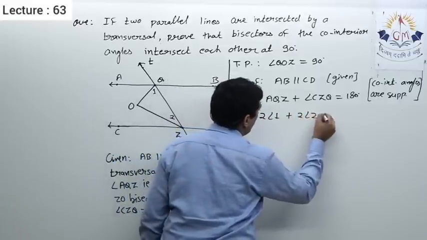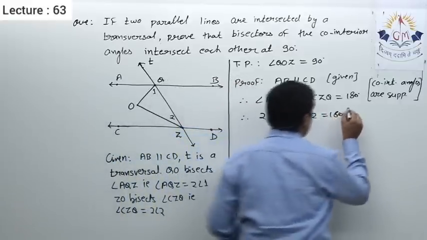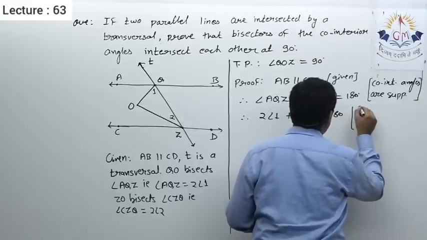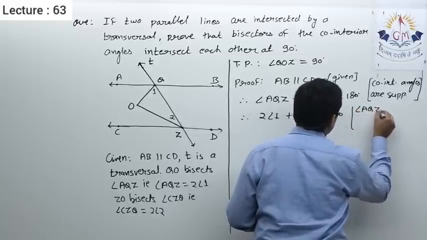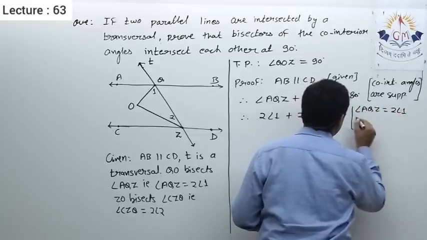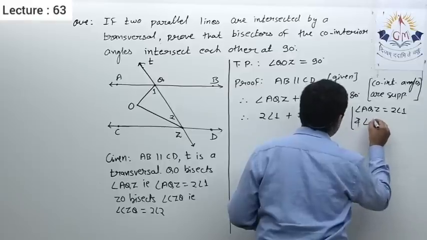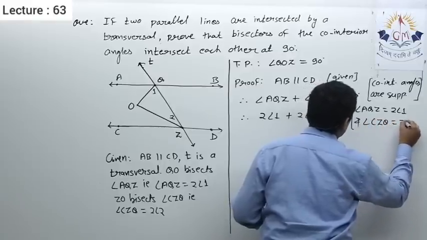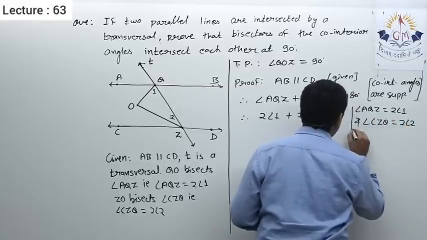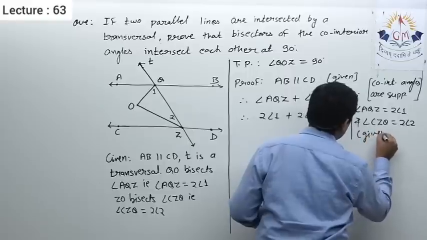Now this angle AQZ can be written as twice of angle 1, and this can be written as twice of angle 2, equal to 180. So here I can write reason, angle AQZ is equal to twice of angle 1, and angle CZQ is equal to twice of angle 2. Reason for these two, it is given.